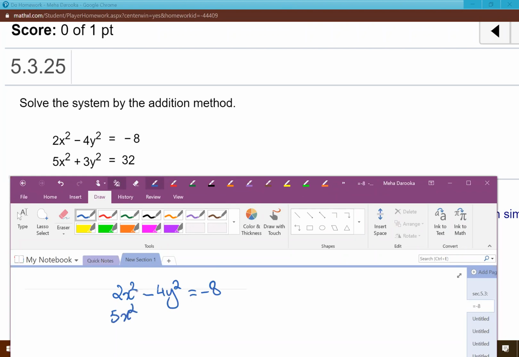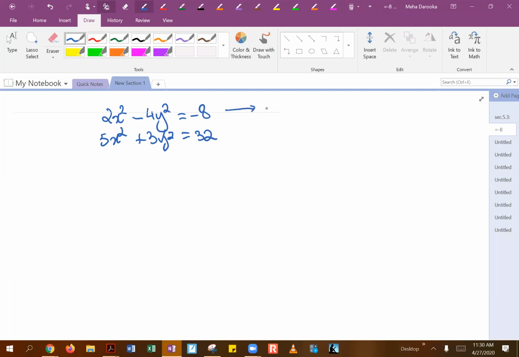Our second equation is 5x squared plus 3y squared equals 32. Now they're asking us to use the addition method to solve this. In this case, you want to leave your variables as x squared and y squared and just think about, okay, do I want to eliminate x squared or do I want to eliminate y squared? So which one would you go with?